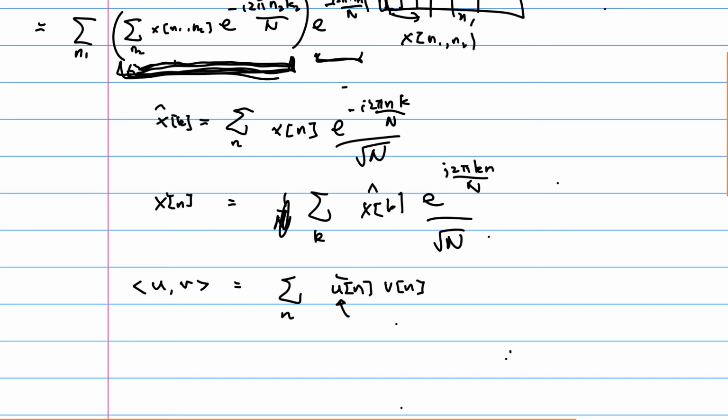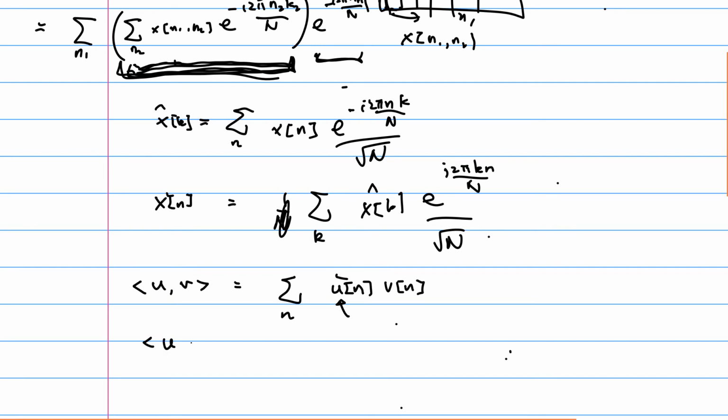Then this inner product, you may have taken a class in vector spaces or whatever, but it doesn't matter. Just think of it as something I define called the inner product. It has some obvious properties.